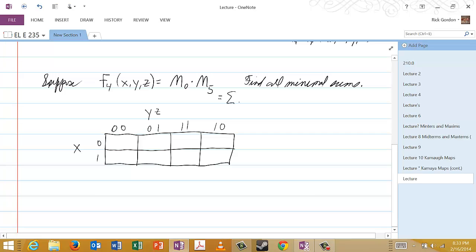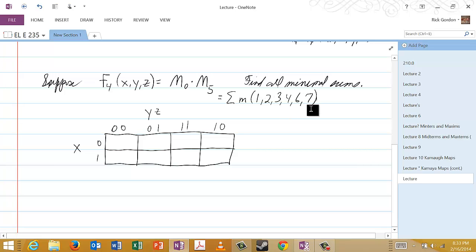Since it's so easy to do, we'll go ahead and say it's the sum of the minterms 1, 2, 3, 4, 6, and 7. And so we know that we will have ones in those cells corresponding to those numbers.